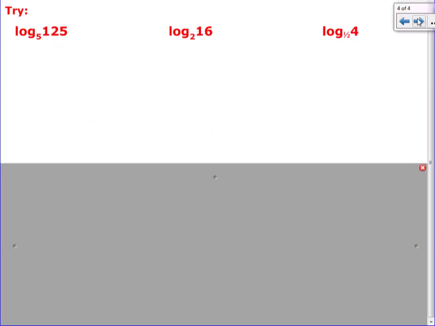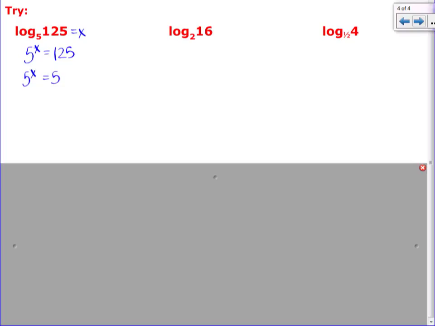All right. First step, set it equal to x. So we put an x on the end. Then we're going to rewrite it in exponent form. What would that look like? 5 to the x equals 125. Now we change it to base numbers. This one already is a base number.